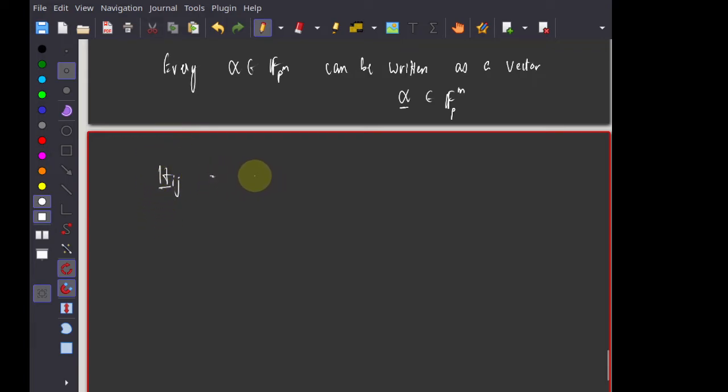So this is equal to omega times the vector h_ij, where this omega essentially corresponds to the basis. This is the representation, or the coefficients, of h_ij with respect to the basis omega.